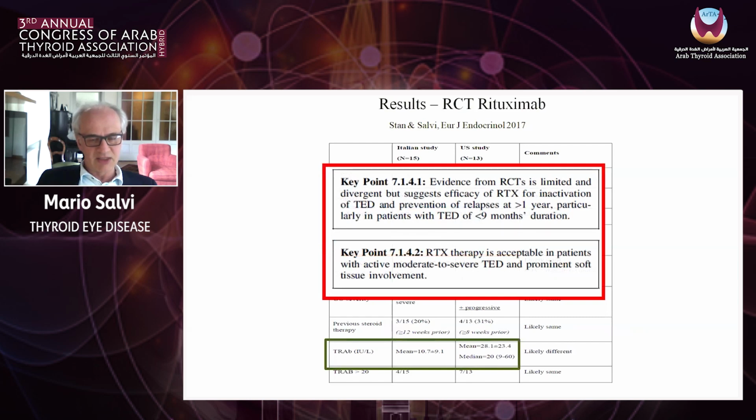So the evidence from this study, although limited, shows that rituximab may be very effective in inactivating TED and preventing relapses, as long as it is applied very early in the phase of disease.